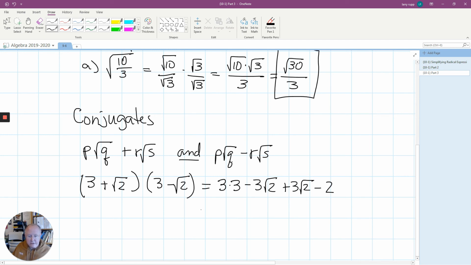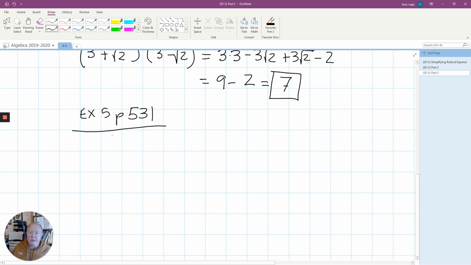So simplifying, we have 9 minus 3 times the square root of 2 plus 3 times the square root of 2 cancels, and you have 9 minus 2 equals 7. I'll bet you weren't expecting a single value from all this junk. But there you have it.